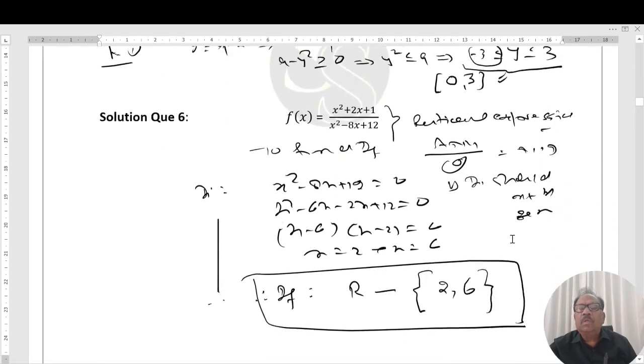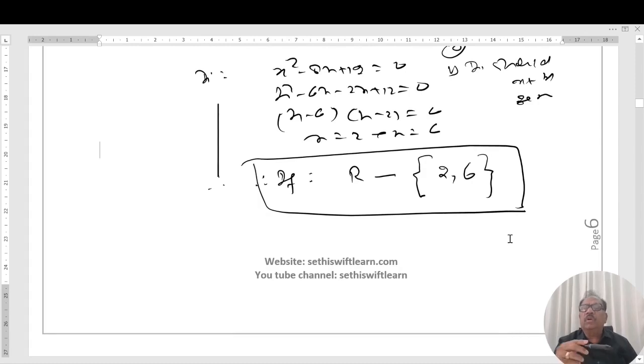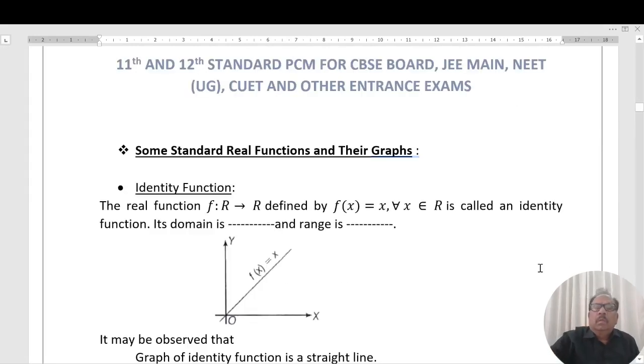Now, next topic will be real valued functions. Now, some standard real function diagrams. One is the identity function. Real function f from R to R defined by f(x) equal to x for all x belongs to R is called the identity function.